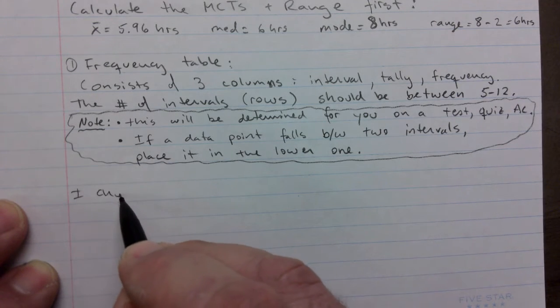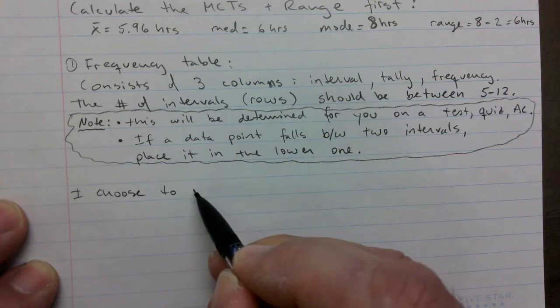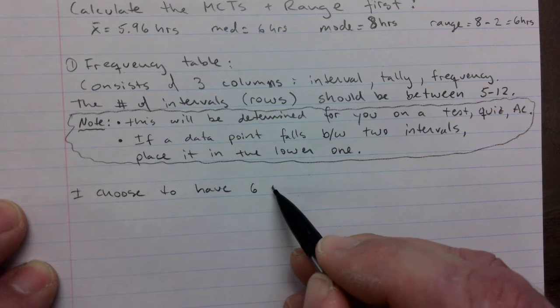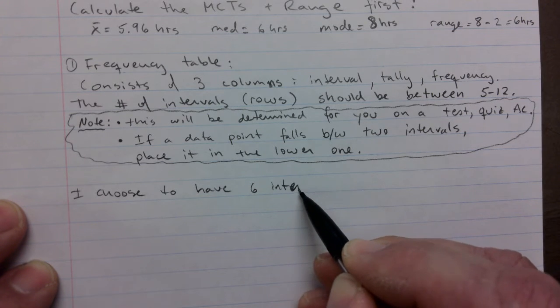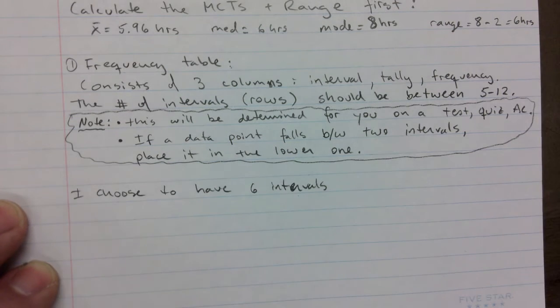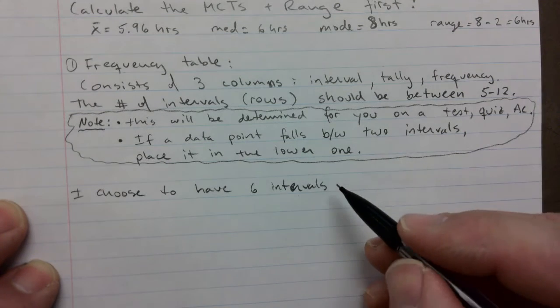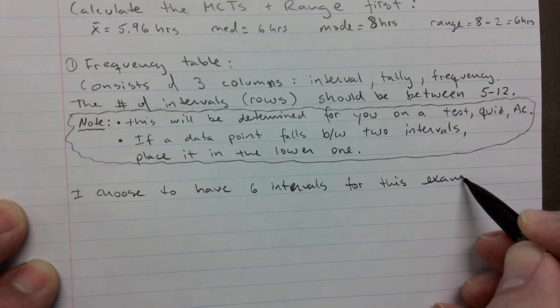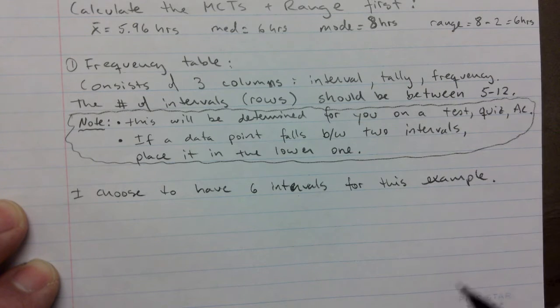And then we'll say I choose to have 6 intervals for this example. And you will notice that that's going to be very common, that I will ask for 6. If you have more, it's technically not wrong.